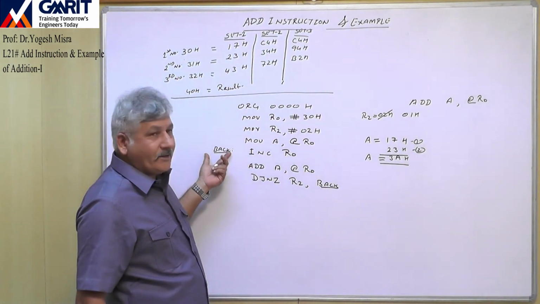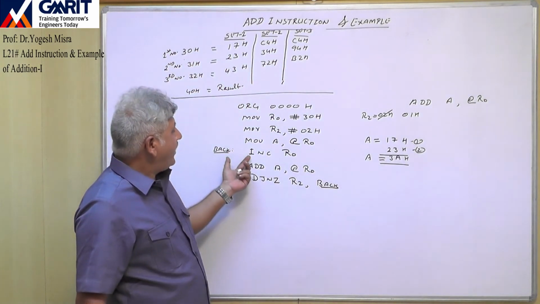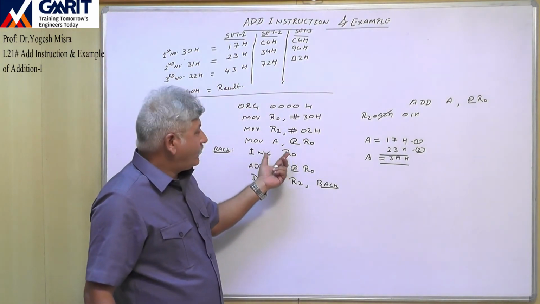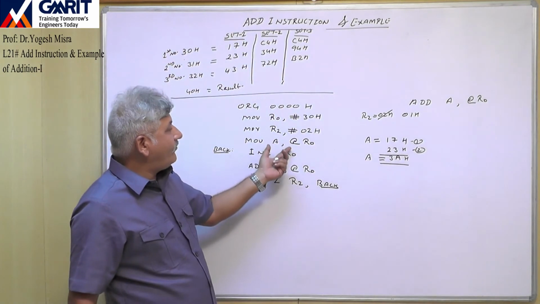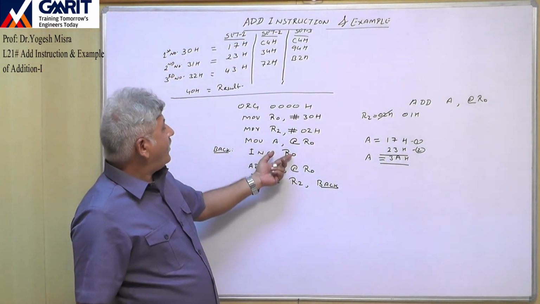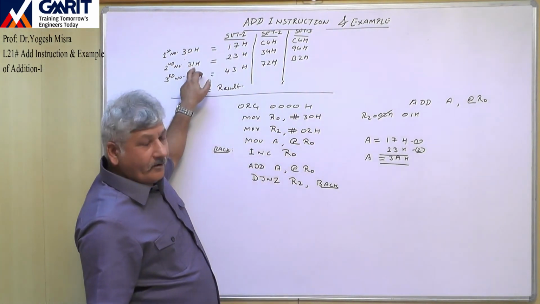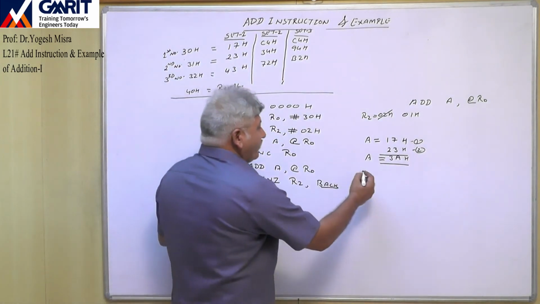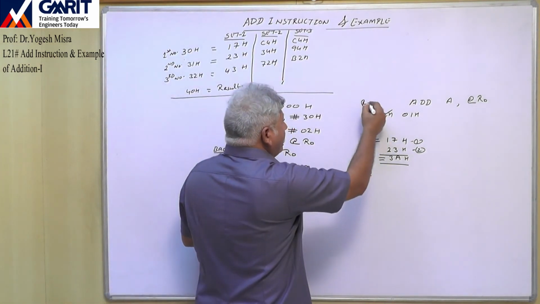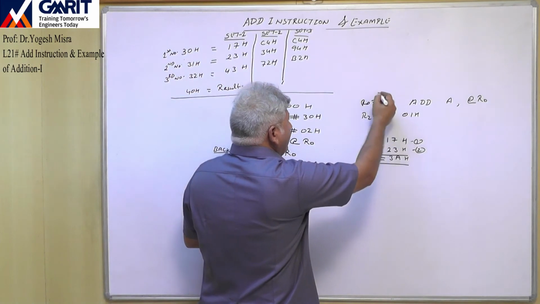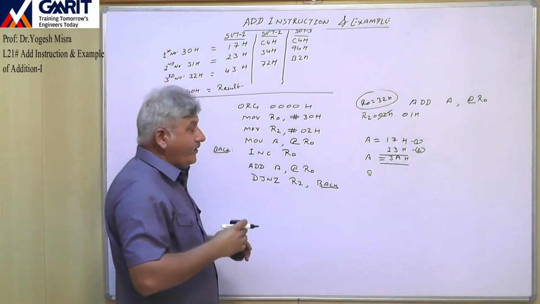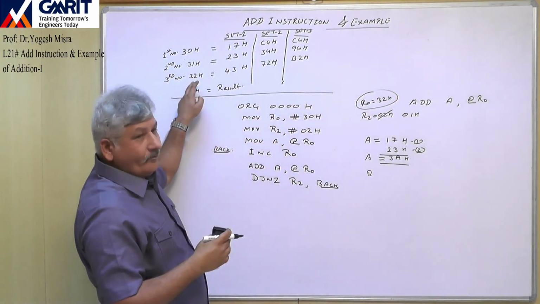It will come to this place. Now here INC R0. So again it will increase the value of R0 by 1. So what was the value of R0 previously? 31. And now R0 will become 32H, which is the address of my third number.